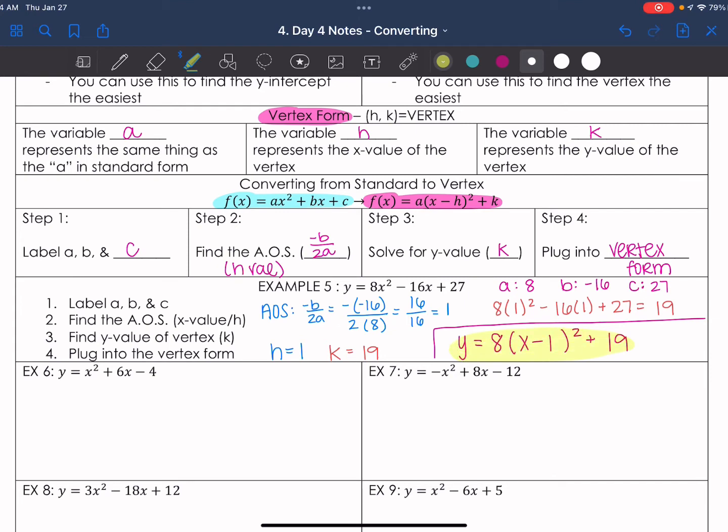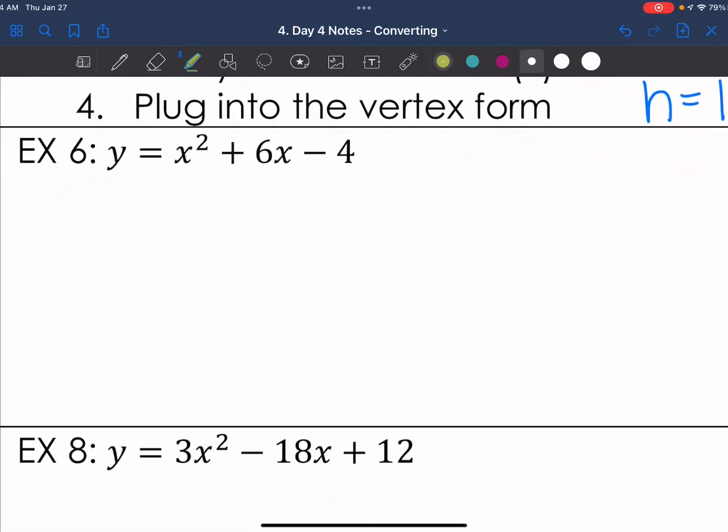We're going to go down to example 6 and try this again. So step 1 was to find a, b, and c. My a value here is 1, my b value is 6, and my c value is -4.